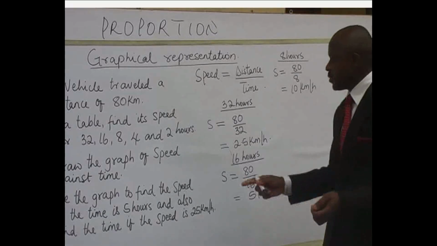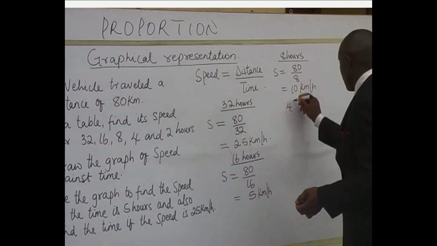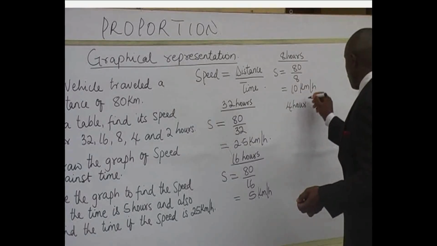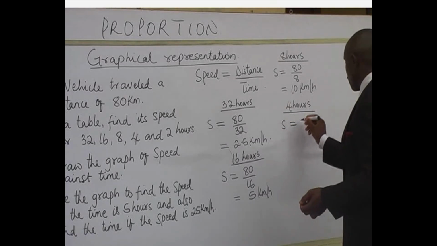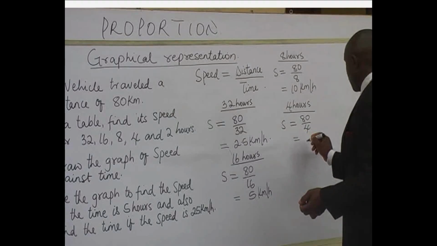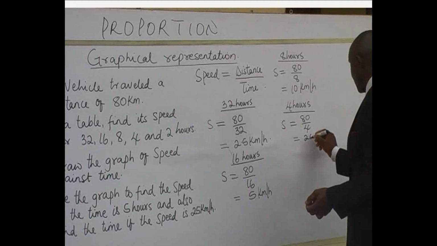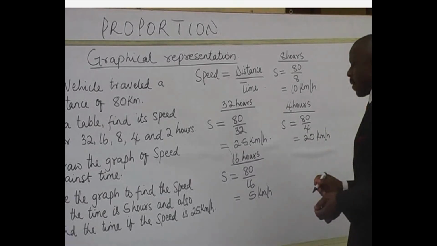The next is when the time is 4 hours. During 4 hours time, our speed is going to be 80 divided by 4. And if you use 4 to divide 80, you have 20. So we have 20 kilometers per hour.